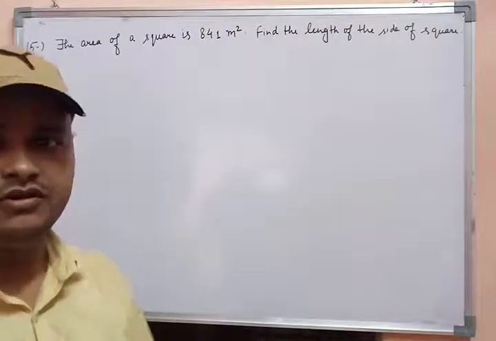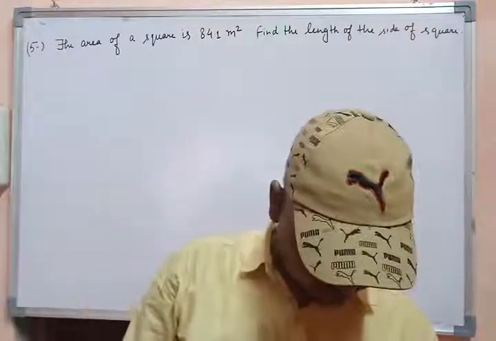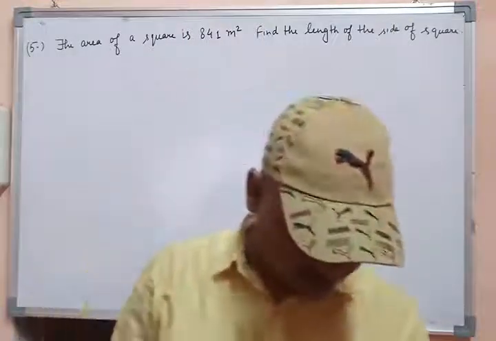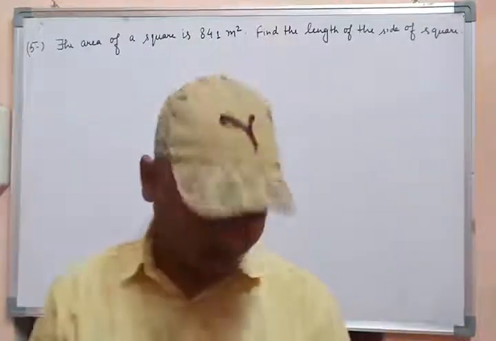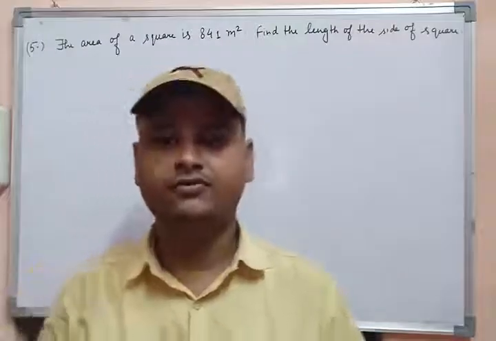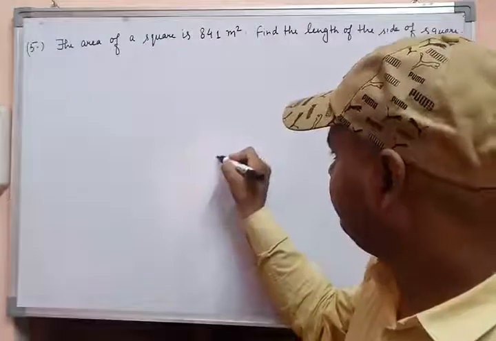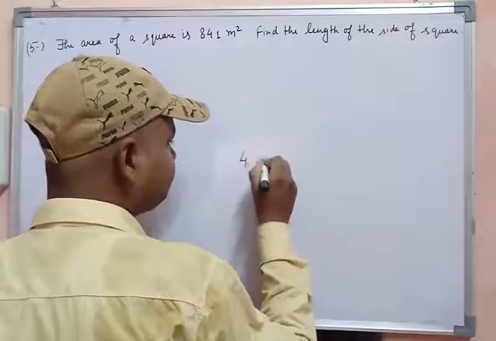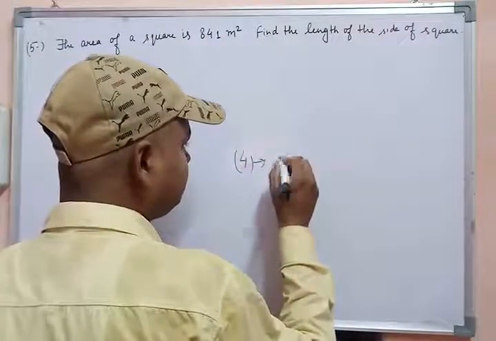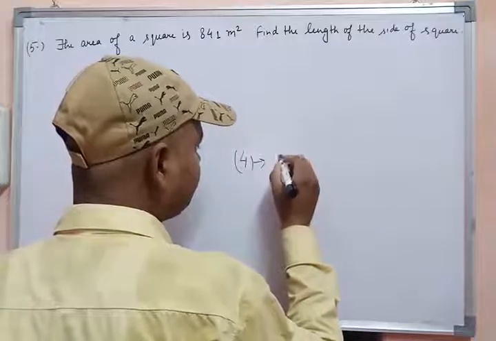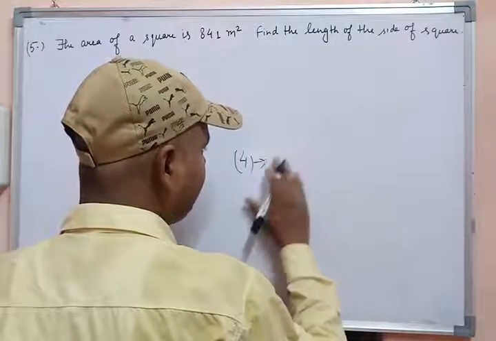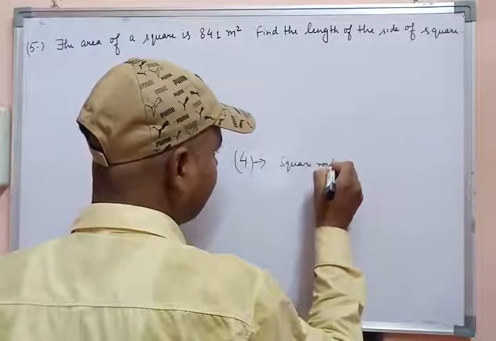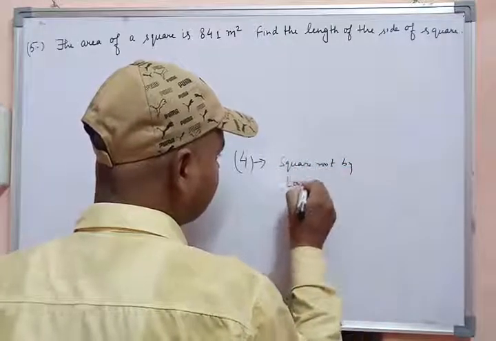Now students, we are moving to our next question. Question number 4 I have left, because this question number 4 is based on the method of square root by long division method.